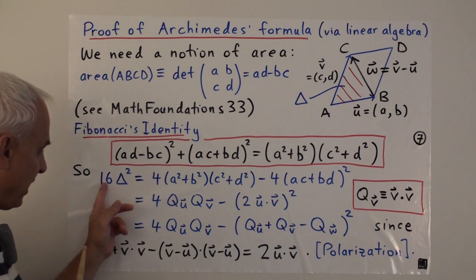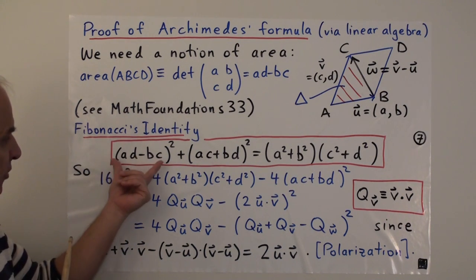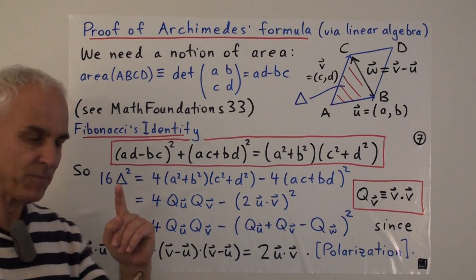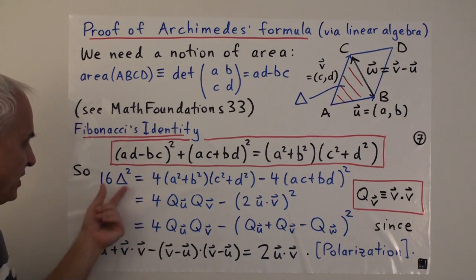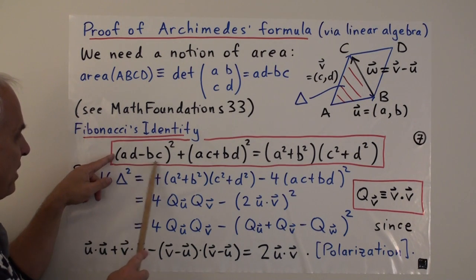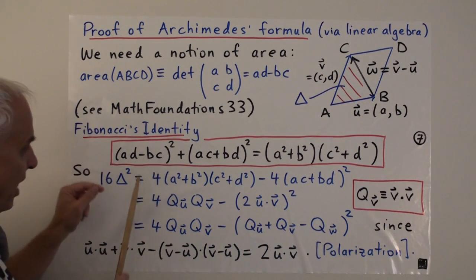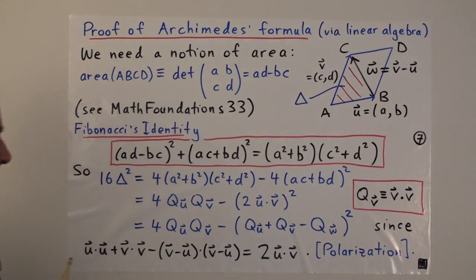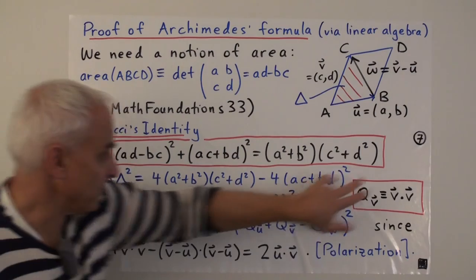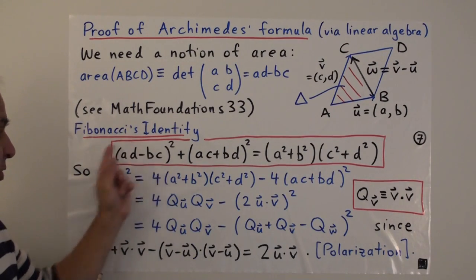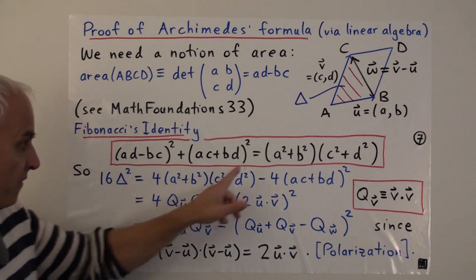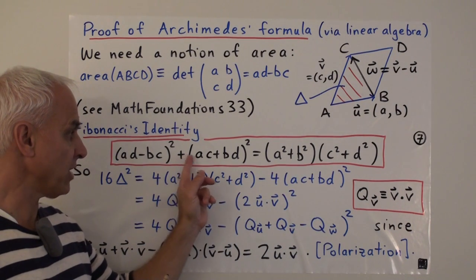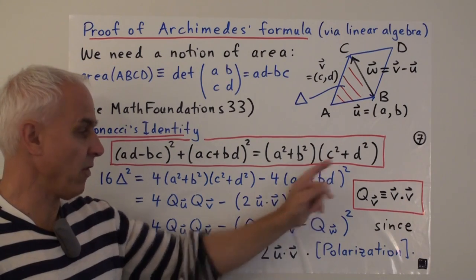So if I multiply the area squared by 16, I'm really multiplying (AD minus BC) squared by 4. Okay, so 16 times delta squared is equal to 4 times (AD minus BC) squared. And I'm going to write that by just bringing all the other stuff to the other side in this identity. So if I bring this to the other side, I'm going to have this thing squared times 4 equals 4 times this quantity minus 4 times (AC plus BD) all squared.